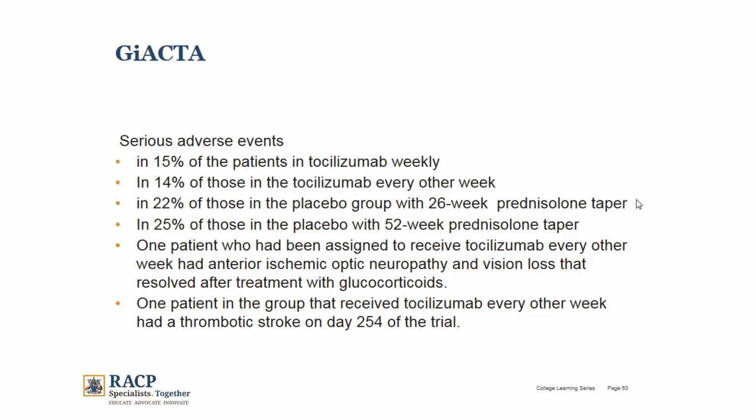One of the patients assigned to the tocilizumab group developed anterior ischemic optic neuropathy and had to be rescued with glucocorticoids. There was one patient who also had a thrombotic stroke in the trial.